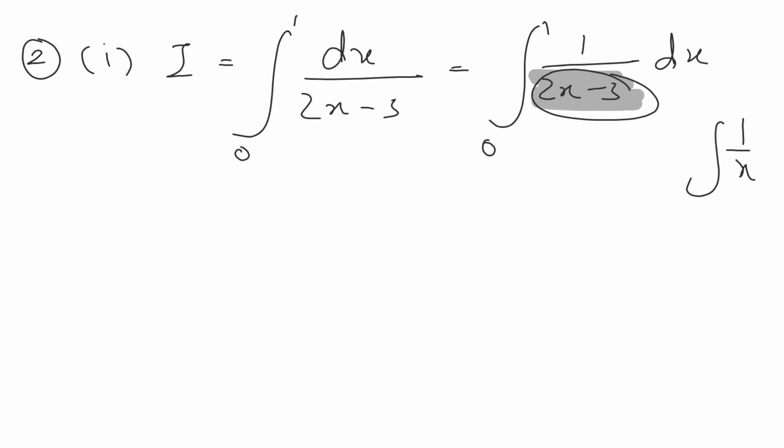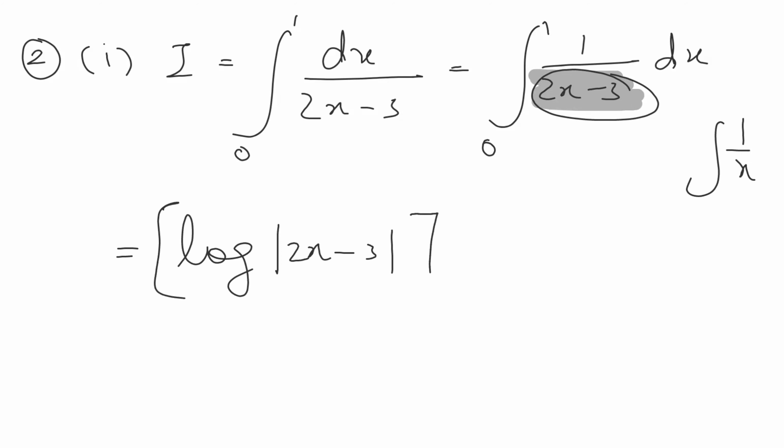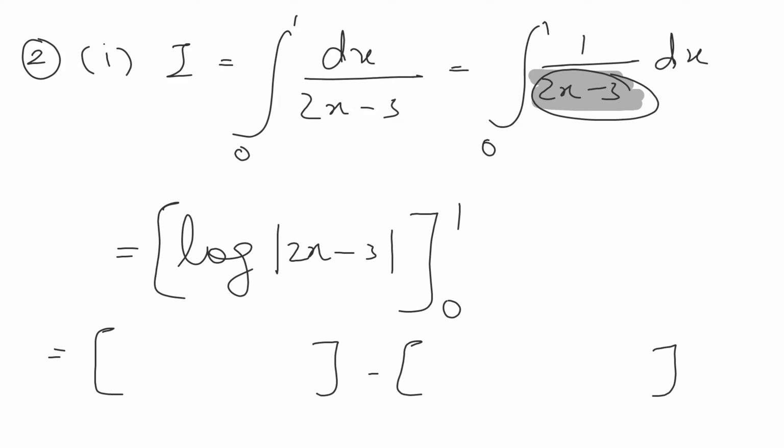So this is log modulus 2x minus 3. Box bracket 1 and 0. See, I told you this is just a revision of basics of integration. So further, this will be box minus box. Wherever there is x, down upon 2 won't come.